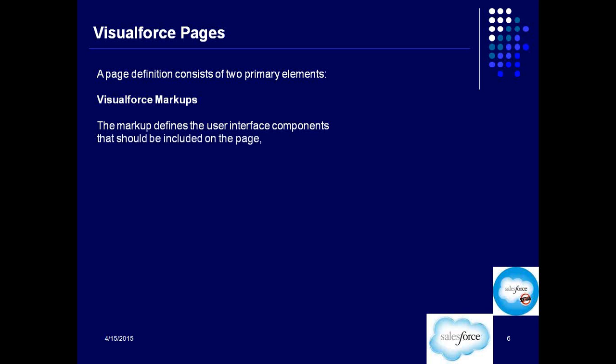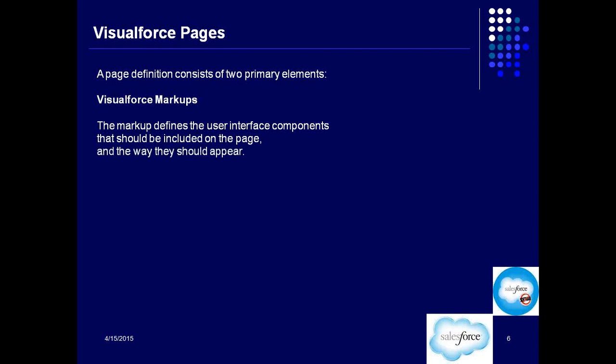Okay. That should be included on the page. So everything like the text, images, links, buttons, maps, whatever, right? So that is all markup. Okay. Table of data, or row of data, column, right? So the markup defines the user interface component that should be included on the page and the way they should appear.